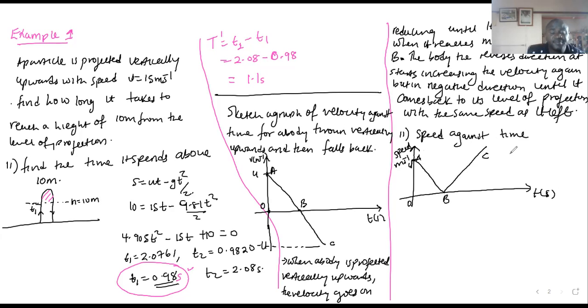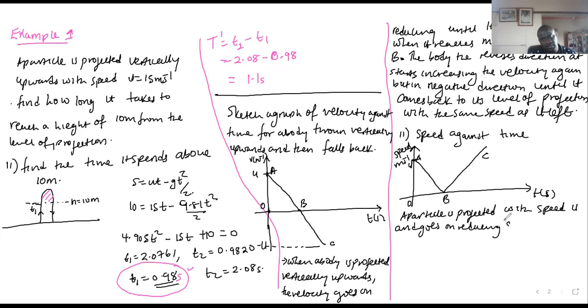So at A, the particle is projected with a speed u, and it goes on reducing until it reaches maximum height.